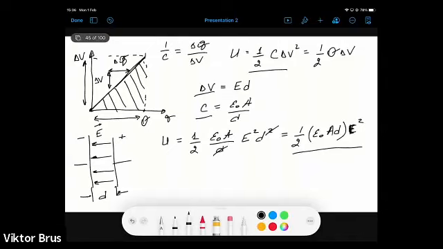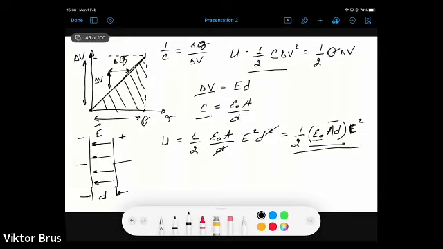So in this case, the expression here in parentheses is the product of the universal constant, permittivity of free space. And here, A times D is the volume which electric field occupies between two plates.